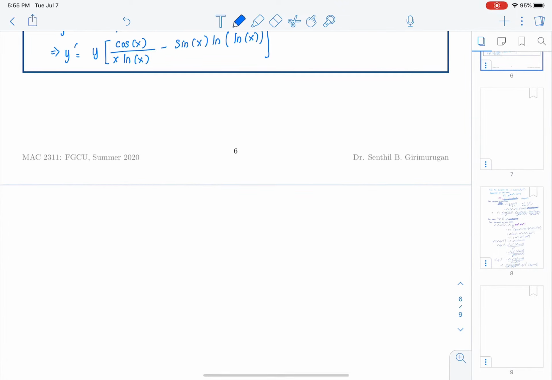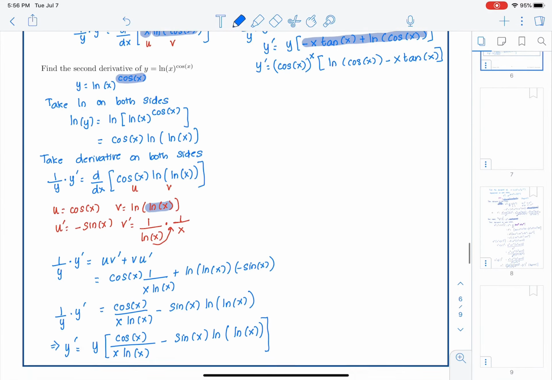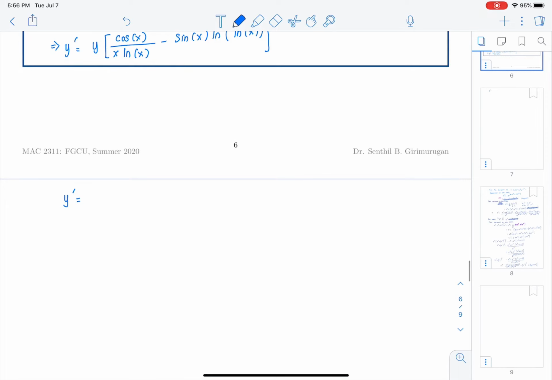So I am going to replace y, and if I replace y, I'd simply have ln of x raised cosine x multiplied by cosine x divided by x times ln of x minus sine x times ln of x.